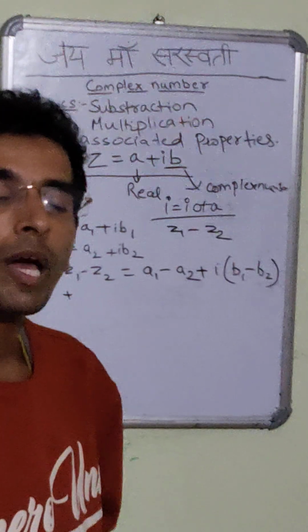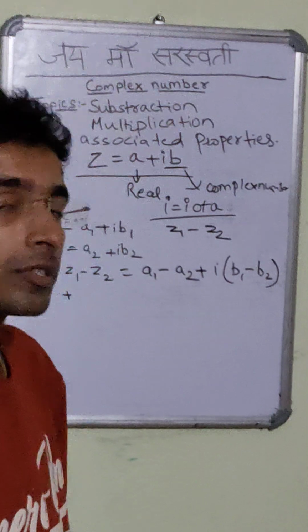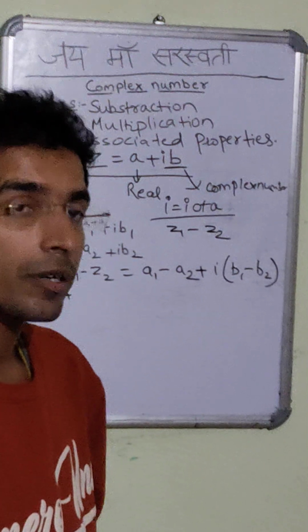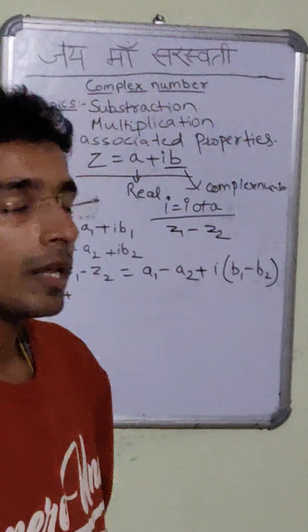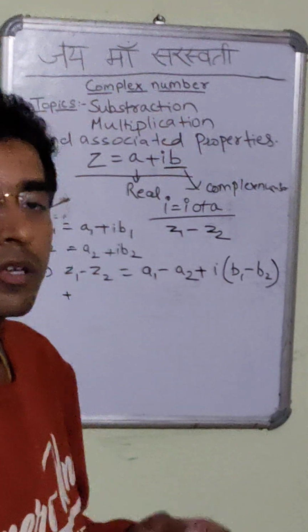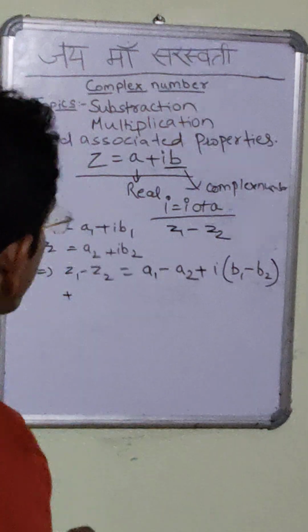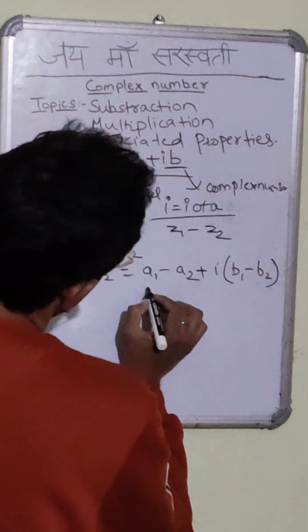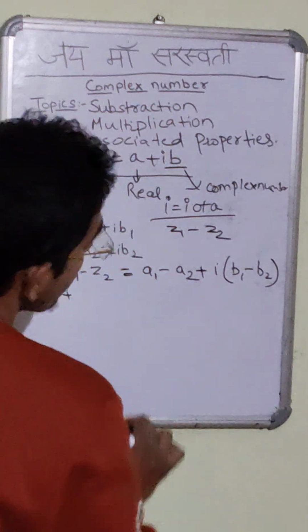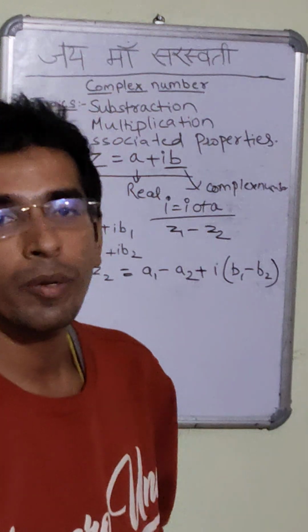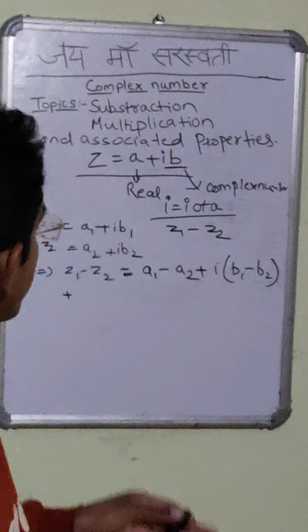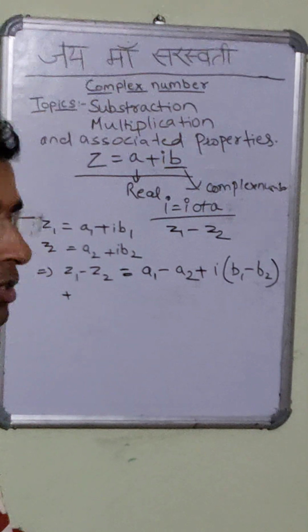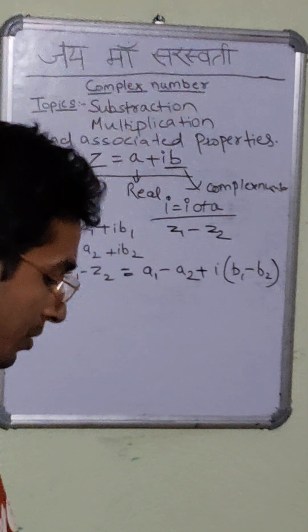First and foremost, we took the real parts together as well as the imaginary parts together. a1 and a2 are the real parts, and i is common, so b1 minus b2. Basically we get the expression a1 minus a2 plus i times b1 minus b2. That is the basic procedure for solving the subtraction of complex numbers.